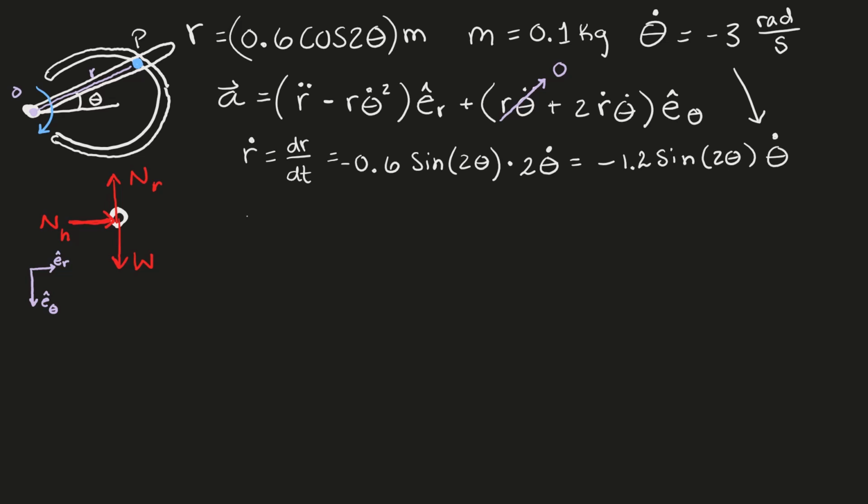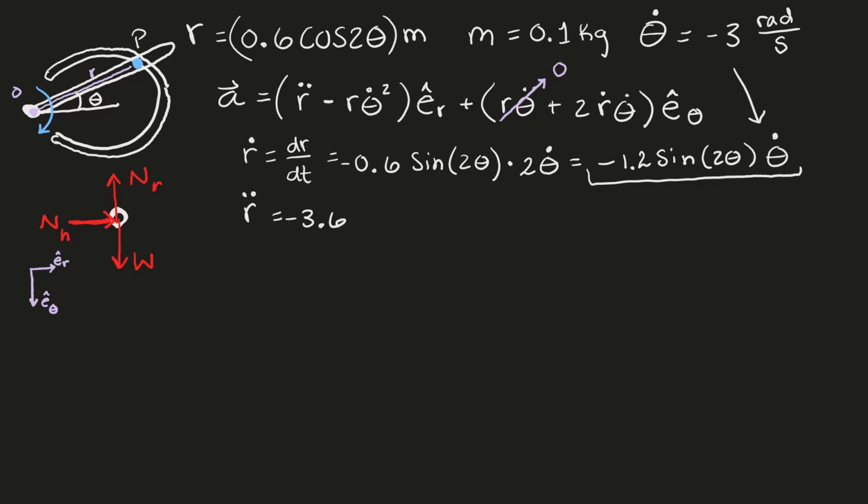Alrighty, so then we have our r double dot. So how do we do that? Theta dot is a constant. So -3 times -1.2 is positive 3.6. Negative remains.